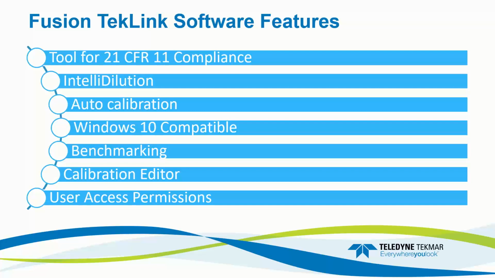When we look at the software, it has different features: 21 CFR if your laboratory requires electronic signatures, benchmarking, auto calibration, and auto blanking. So it adds a little bit of smart automation and also compliance control for what your laboratory may or may not need.